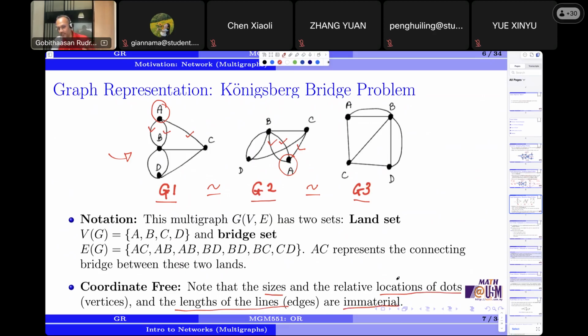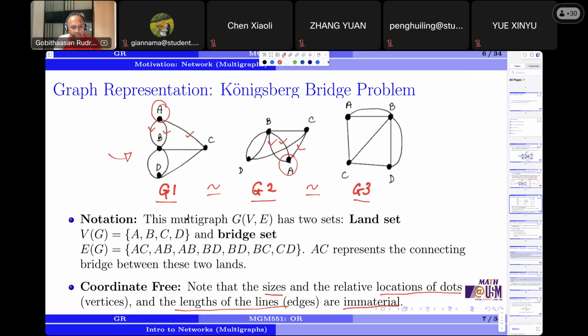Immaterial means it doesn't matter. The dots can be anywhere as long as you connect them in such a way that they have the exact edges. So that's the first part.